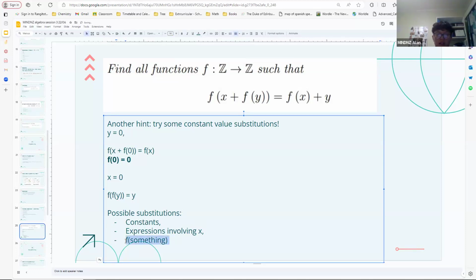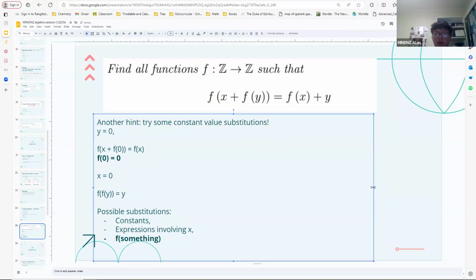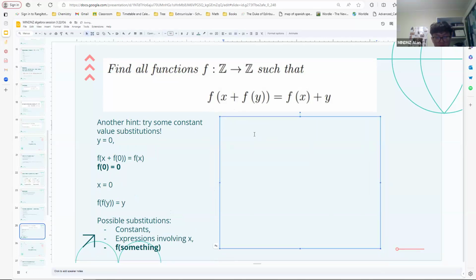So this is quite important in solving this problem. How would we substitute for f of something, knowing that f of y equals y? Can someone tell me in chat? Does anyone have any idea?